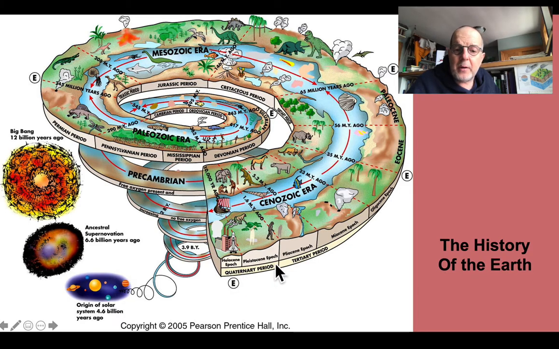We have the Quaternary period, which is a period going back 1.6 million years, then the Tertiary, of which there is the Holocene, Pleistocene, Pliocene, Miocene, Oligocene. If we go back 35 million years, we still would find ourselves in what is called the Cenozoic era, but we would be in the Eocene.